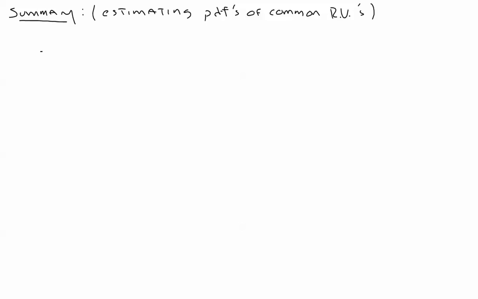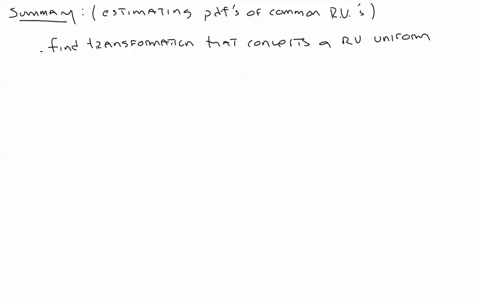First thing we do is find a transformation that converts a random variable, uniform on 0 to 1, into some other probability density function.